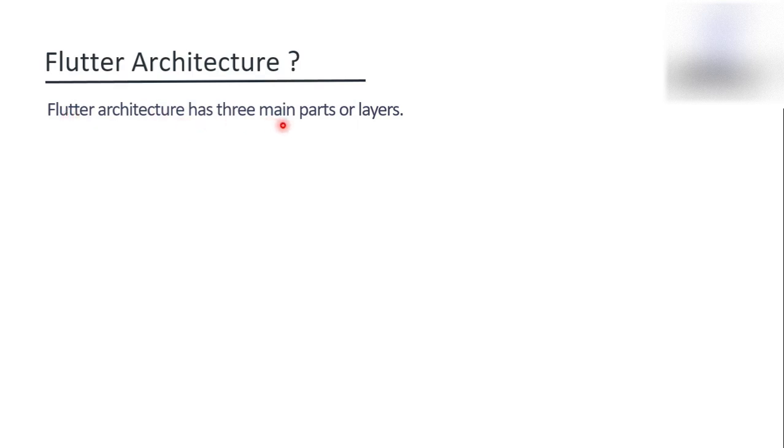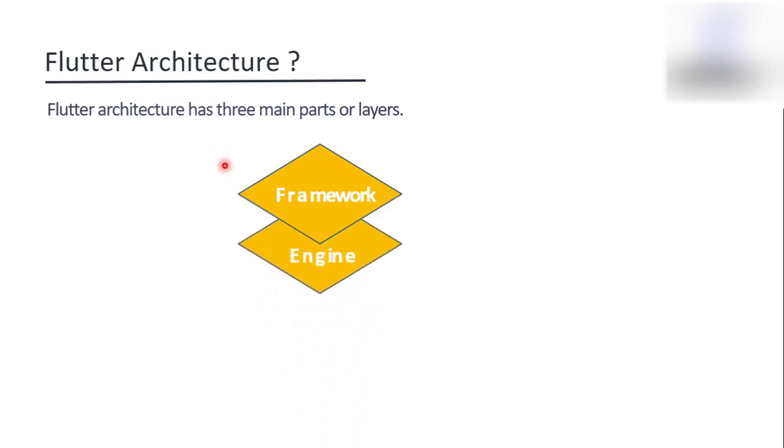Flutter architecture has three main parts or layers. It is a layered architecture, divided into three main layers: the first layer is the framework layer, the second is the engine layer, and the third is the embedder layer. Developers interact with the framework layer.